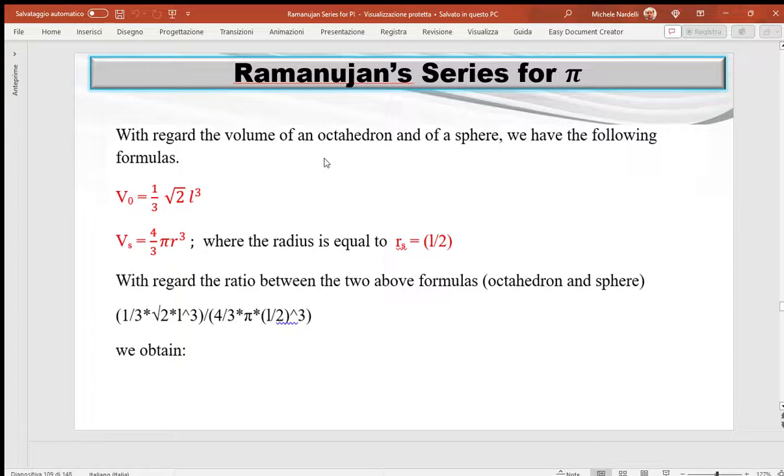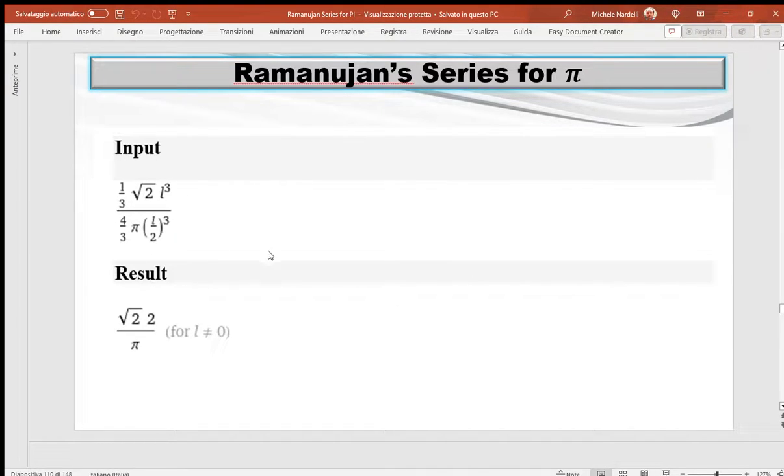With regard to the volume of an octahedron and of a sphere, we have the following formulas, where the radius is equal to Rs equal to L over Q. With regard to the ratio between the two above formulas, considering Rs equal to L over Q, the volumes of octahedron and sphere, we obtain the following expression that is equal to the following result.